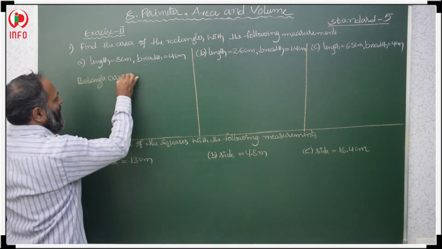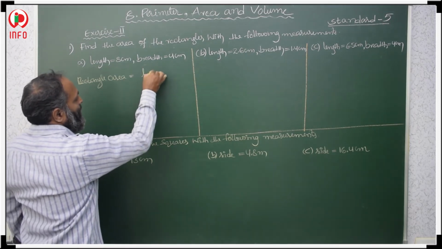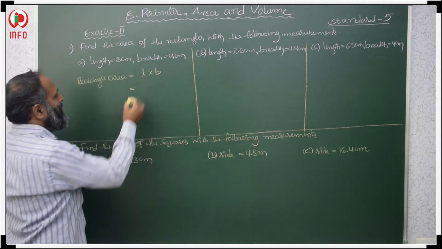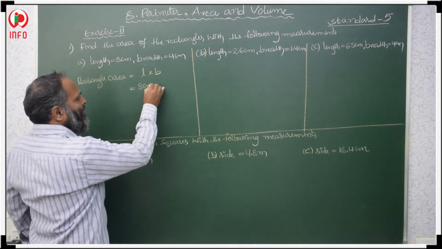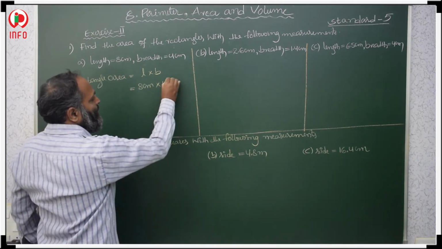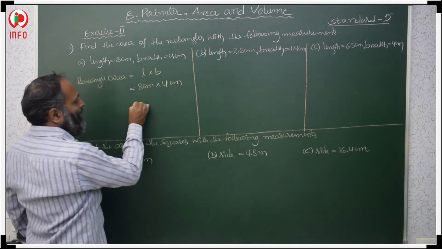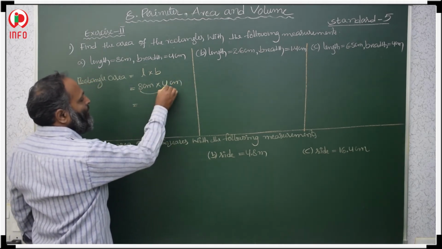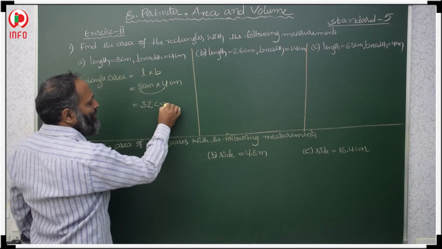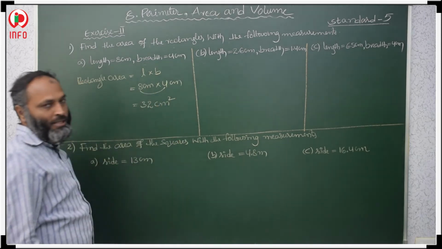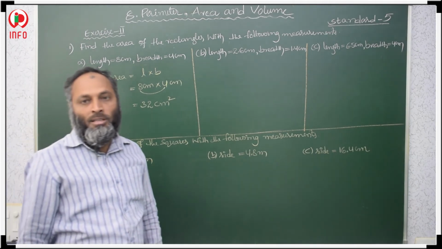Rectangle area is equal to length into breadth. What is the length here? 8 centimeters. And what is the breadth here? 4 centimeters. So now multiply, 8 4s are 32. Here units are centimeters, so square units, that is square centimeters.